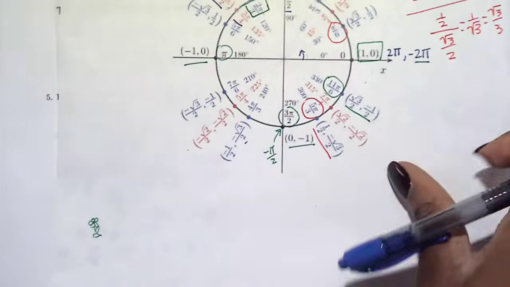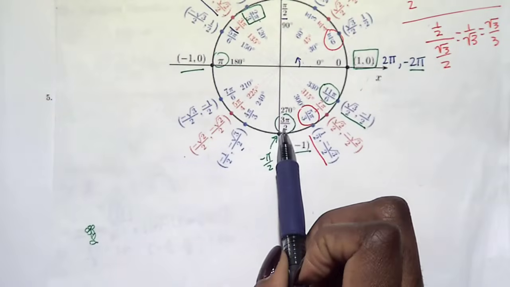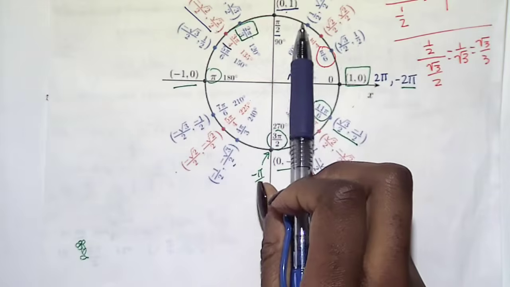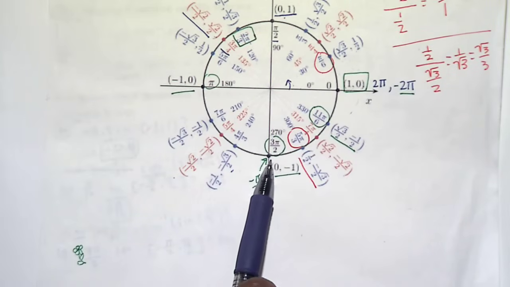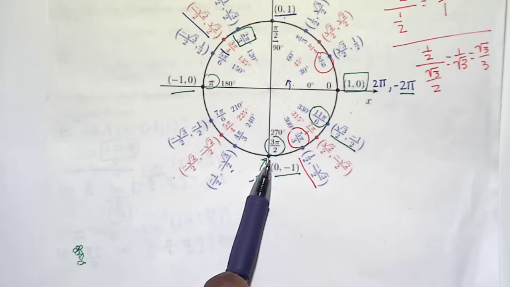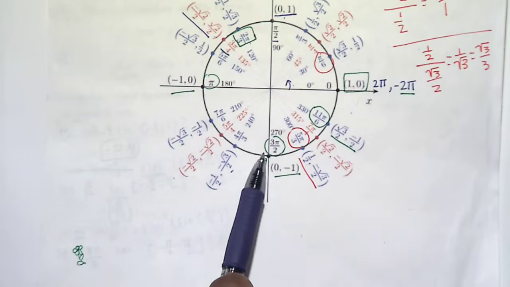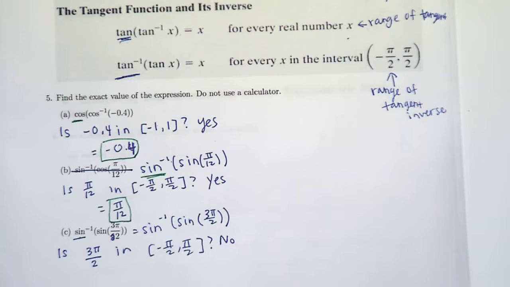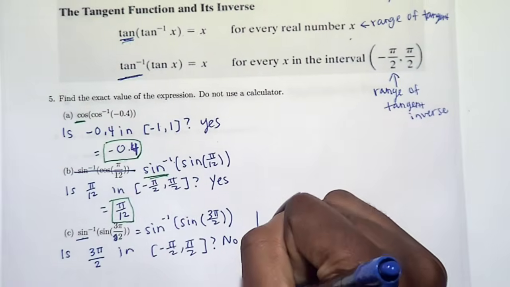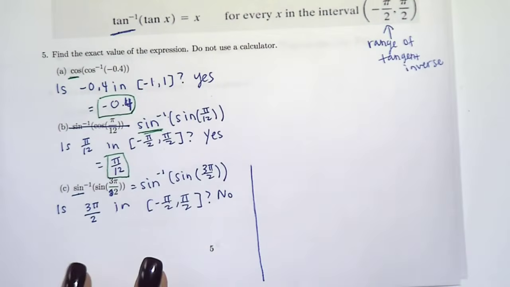Let's take a look at it. Here's 3 pi over 2. So pi over 2 is here, -pi over 2 is here, but in the opposite direction. It's coterminal to what we want, so we're going to use that to get an answer. Now our answer is no, so that means our answer is not going to be 3 pi over 2, because that is not in the range of sine inverse. So what do we do? We actually work it like a normal composition of functions.